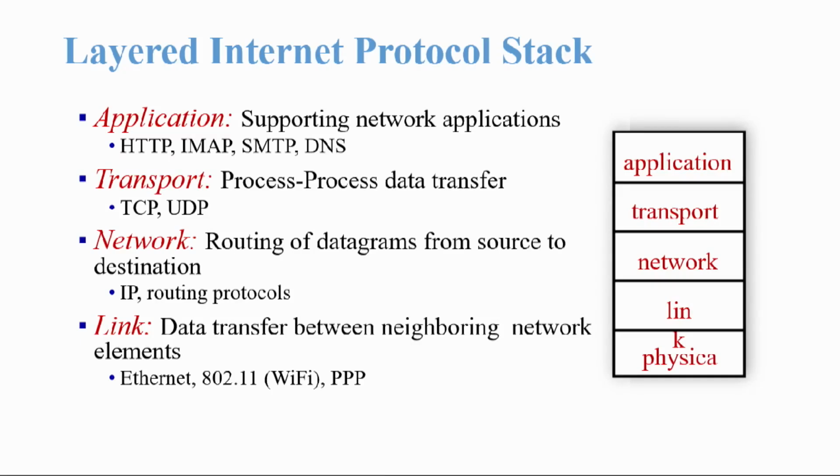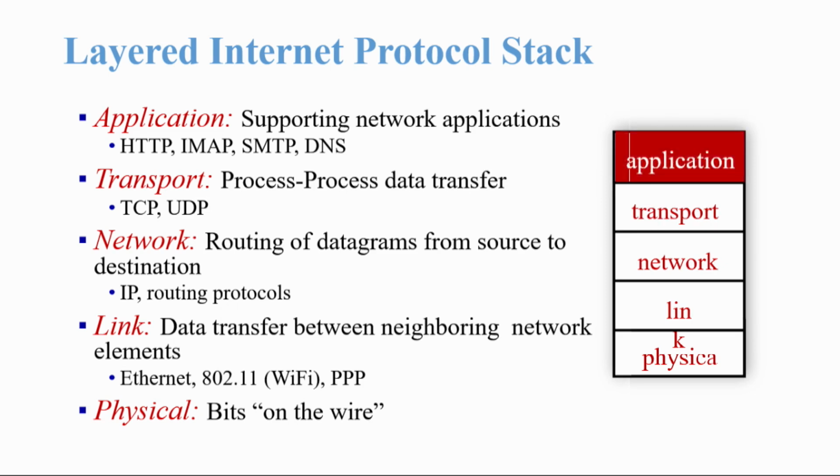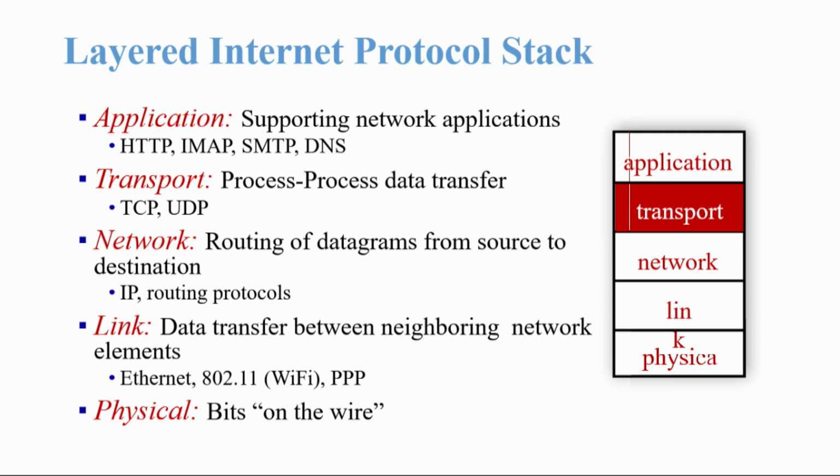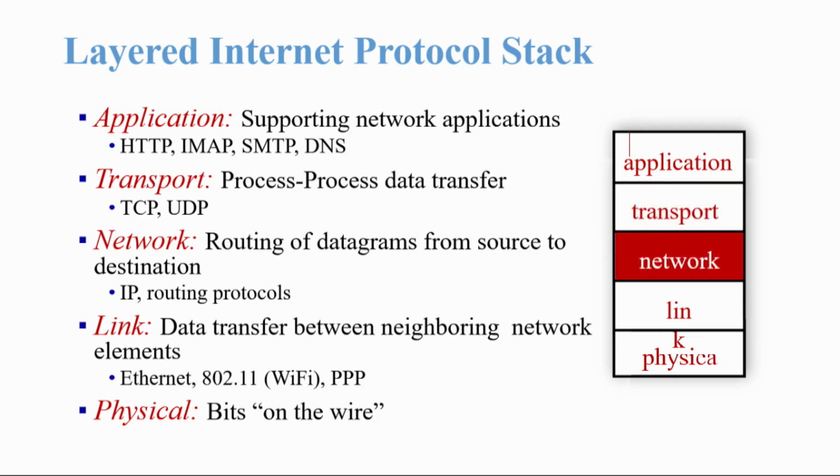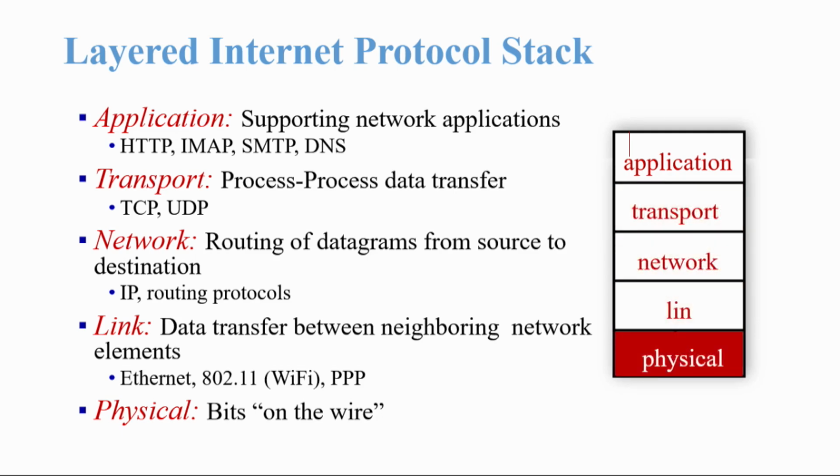Scheduling decisions are taken at the link layer protocols. Then finally comes the physical layer, which is basically a stream of bits moving in the medium that you are sending the data. So application layer protocols, transport layer, network layer, link layer, and finally the physical layer.